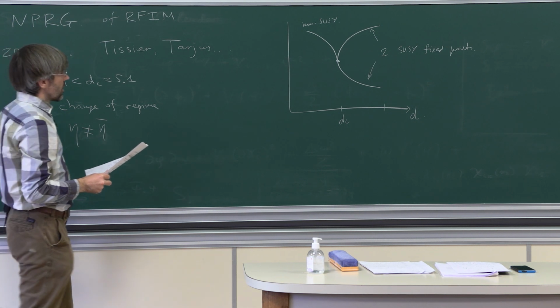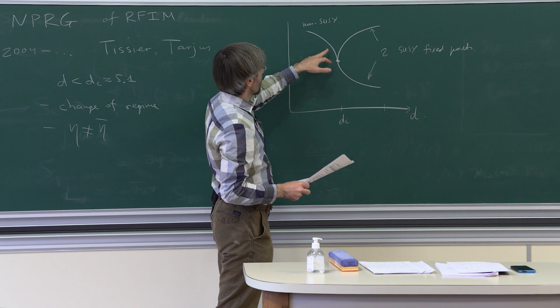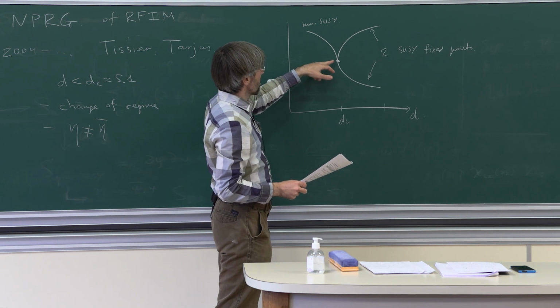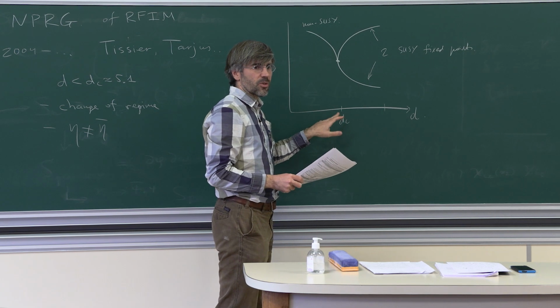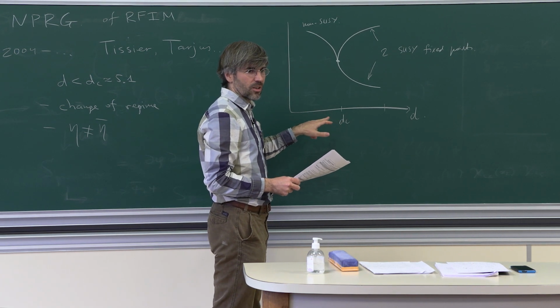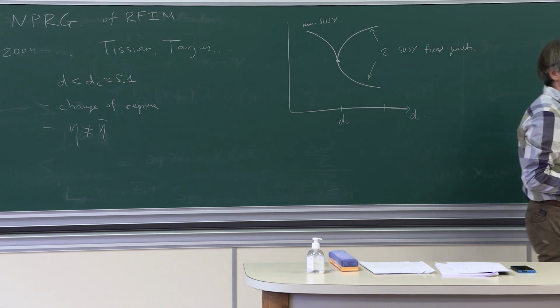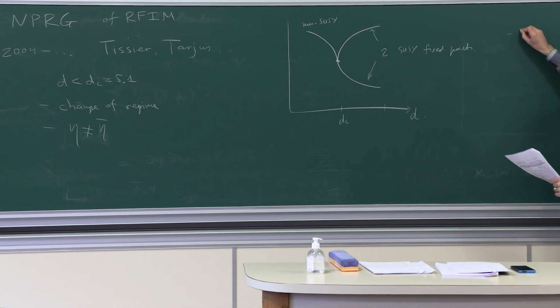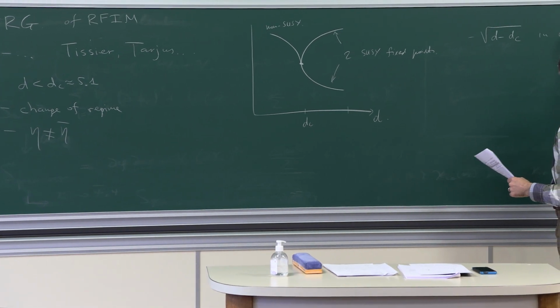And now, the reason why I draw these pictures like this is that, from their calculations, all quantities near this d critical have a square root singularity behavior. Like critical exponents that they compute from their formalism, they have square root singularities in critical exponents.